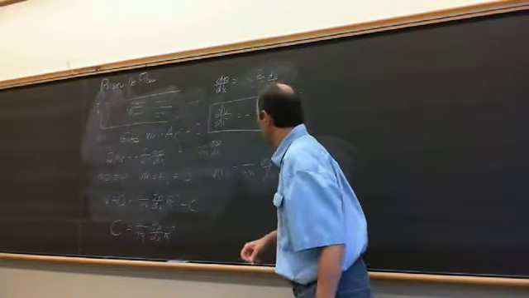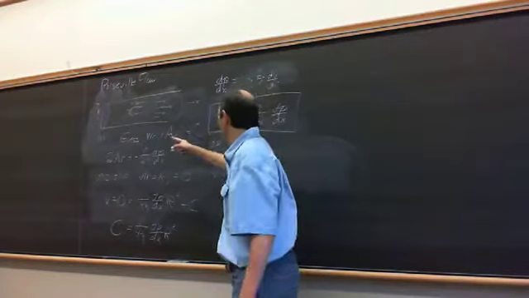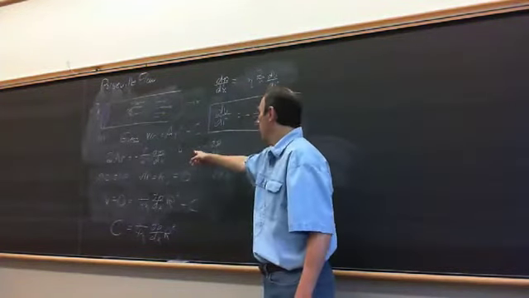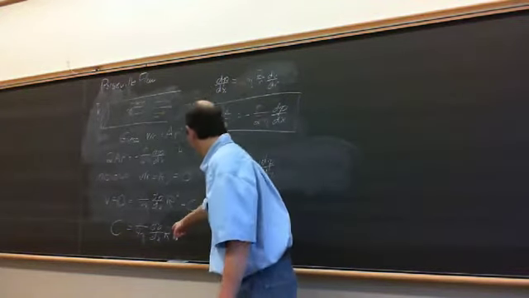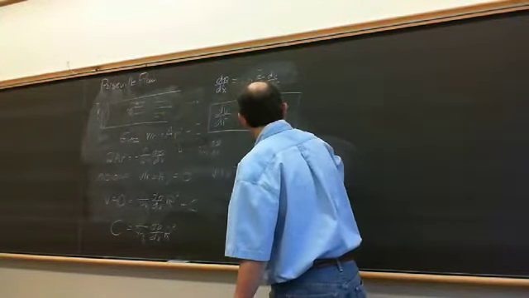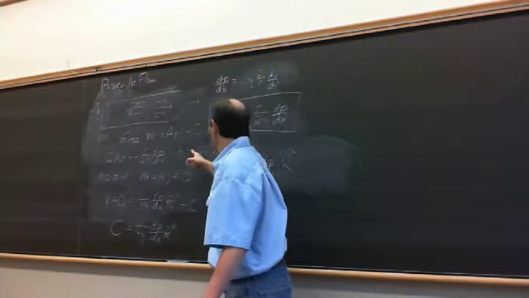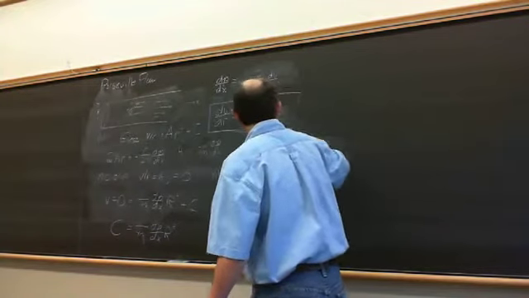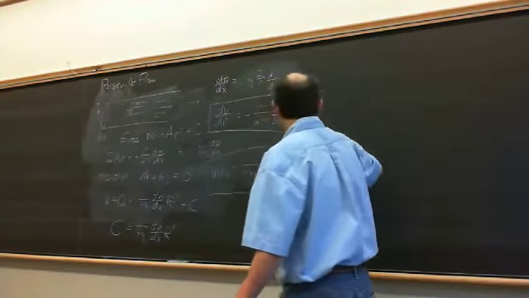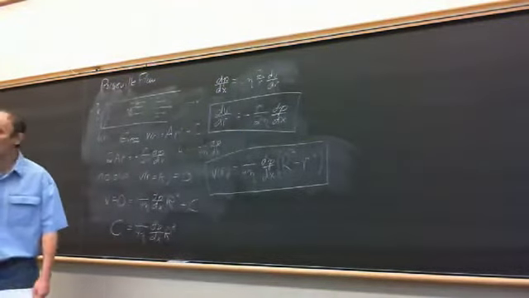The first term has little r squared, but with a minus sign in front of it, so we're going to put that second. We put the C term first, which is just big R squared. Then this term is minus little r squared. And that, we found, is the entire velocity distribution inside the tube.